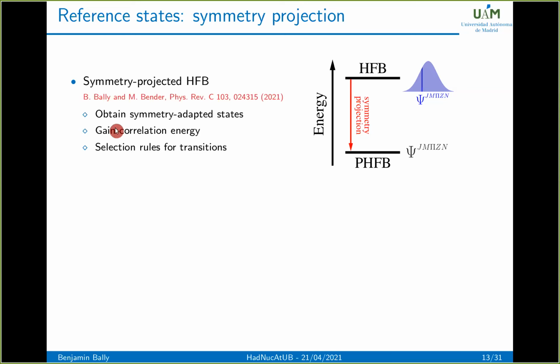This is a method that allows you to build states that have good symmetry properties. In addition to that, usually it's not necessary, but it's usually the case, you will gain some correlation energy. And because you have the good quantum numbers, you recover the selection rules for transitions and for any observable, actually.